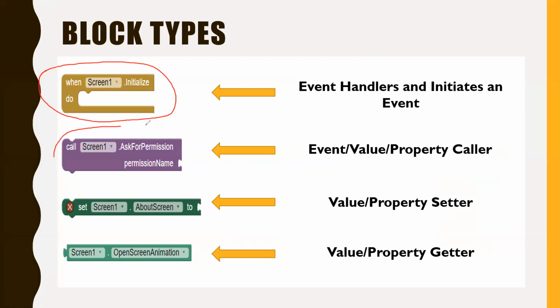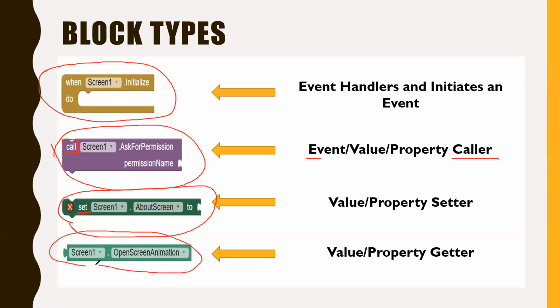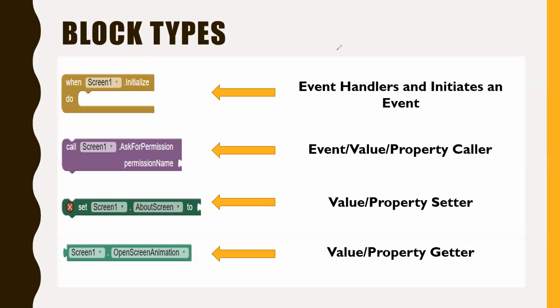The blocks whose text starts with call are called the caller blocks. They are mainly used to call something. These types of blocks whose text starts with set are the setter blocks, and these blocks are known as getter blocks. So quickly learn this. This is the most important part.